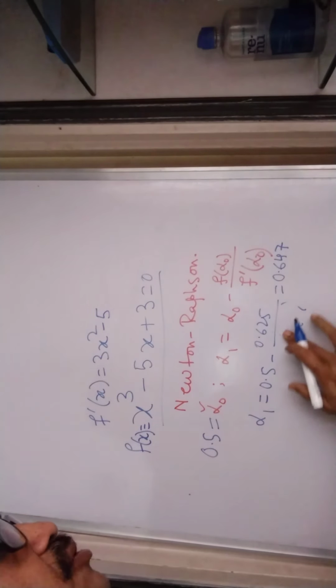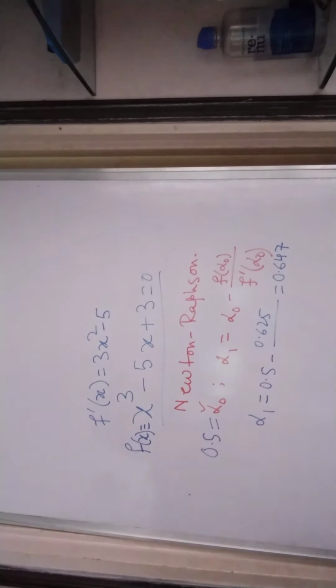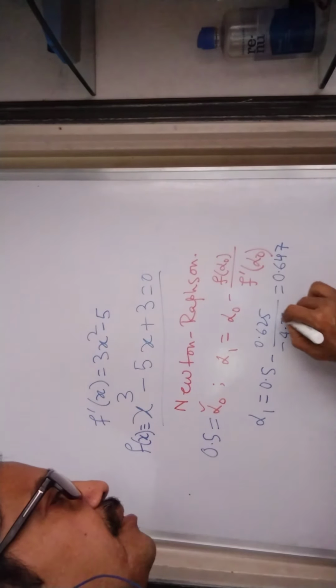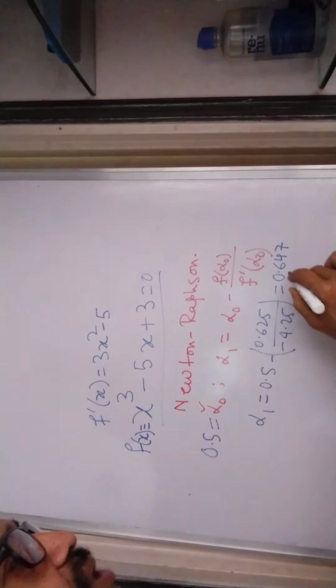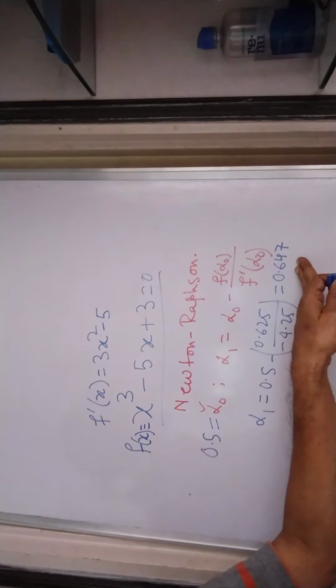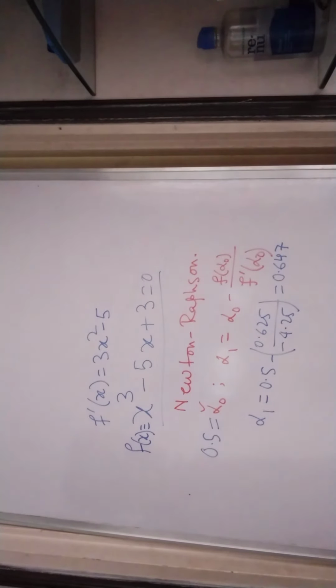You can check it. And what is f prime 0.5? Just put half here. So, it is 3 by 4 minus 5, which can easily be calculated. It gives minus 4.25. And if you calculate this, it comes out to be 0.647. So, this is the first correction.